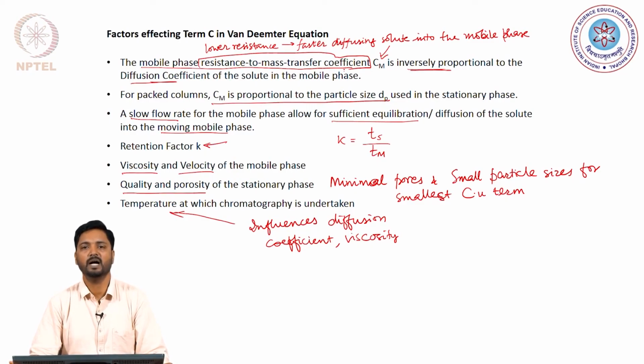These include high performance liquid chromatography, gas chromatography, and supercritical fluid chromatography. We will also have time to discuss the detectors that are used in detecting the analyte that is eluting out of the chromatographic column. So, with this we come to an end to this week's lecture, and we will pick up for the next week's lecture soon. Thank you.